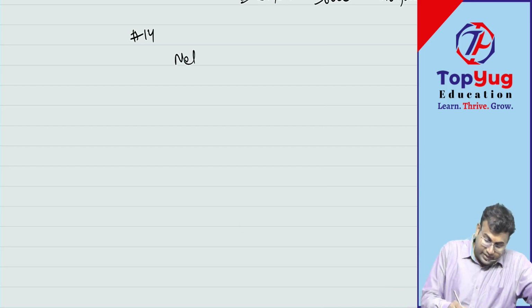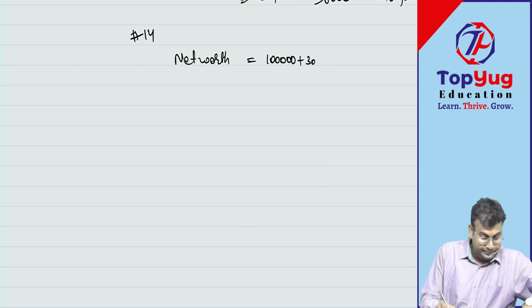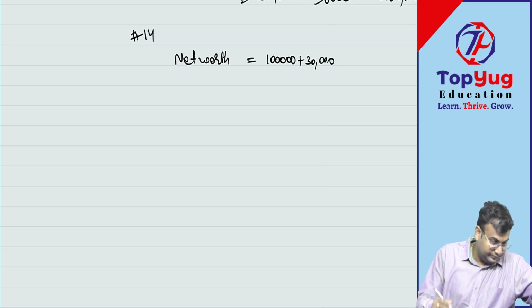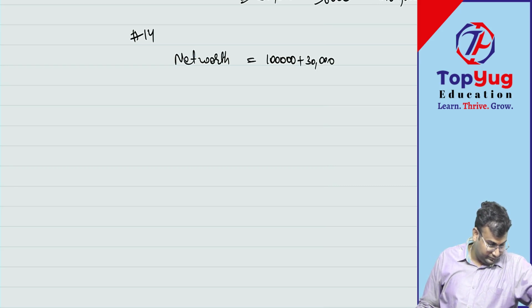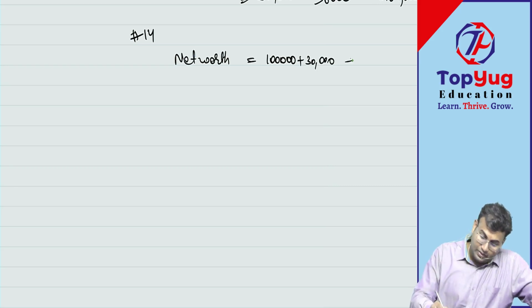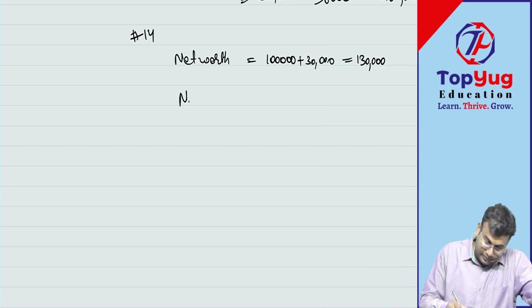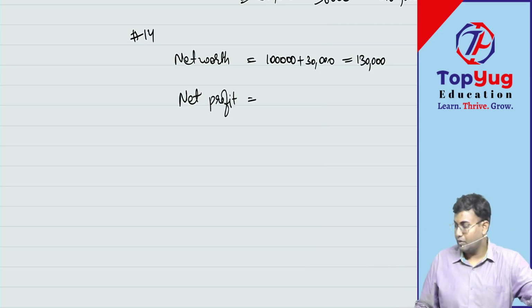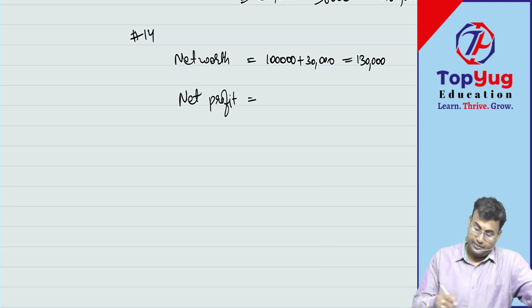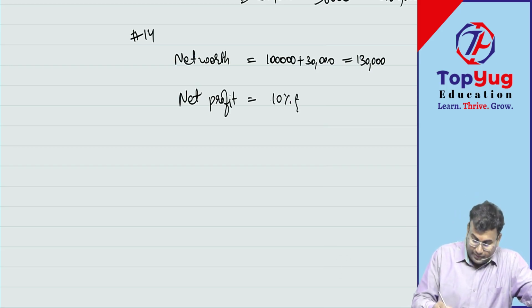So how much is my net worth? As I already told you, net worth to the owners, that is 1 lakh share capital plus reserves and surplus 30,000. One lakh 30,000. Yes. How much is net profit? It is 10% of net worth, no?